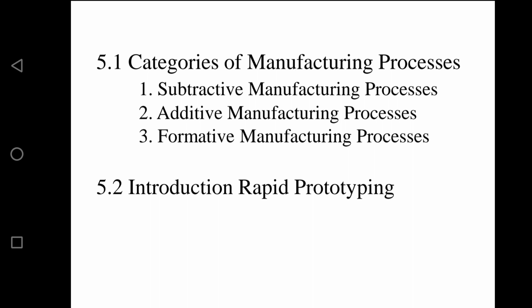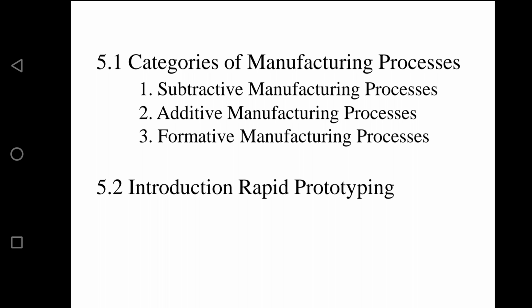You fix the workpiece into it and remove the material which is unnecessary, to get the desired object. The examples of subtractive manufacturing processes are turning, milling, grinding, shaping, or whatever operations where you remove material from the workpiece to get the desired object. Then that is called subtractive manufacturing process.